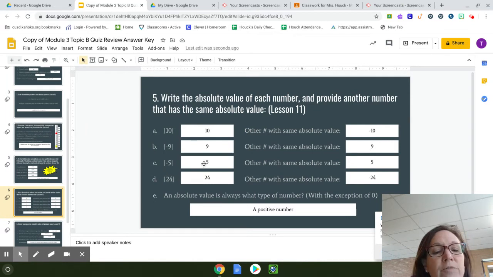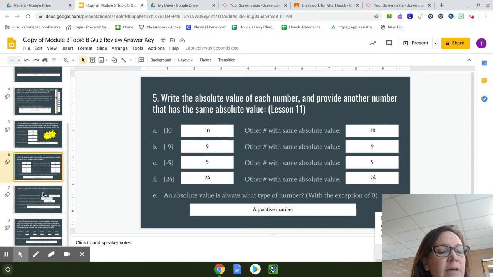Negative 5, the absolute value is 5. Another number that is 5 places away from 0, I said, is 5. The absolute value over here of negative 24 is 24. The other number that is 24 places away from 0 is positive 24. Then it says an absolute value is always what type of number? When you answer with absolute value for distance, your number will always be written as a positive number.